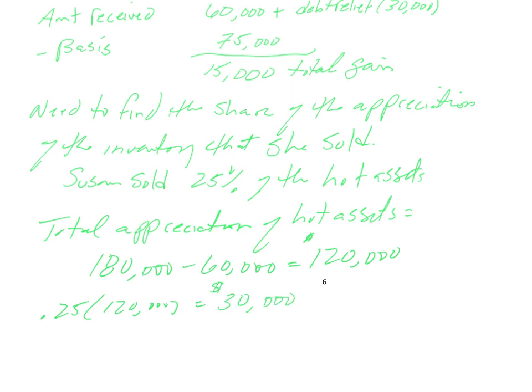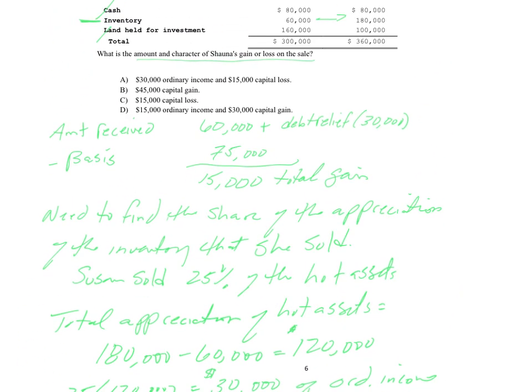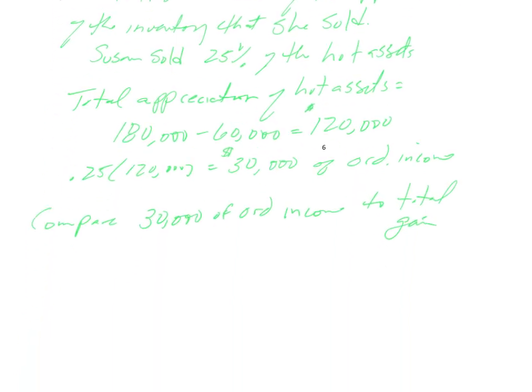Okay, so what does that represent? So that means she has $30,000 of ordinary income, all right? And so now we have to compare that. Compare her $30,000 of ordinary income to the total gain. And remember, her total gain, we said up here, was $15,000.